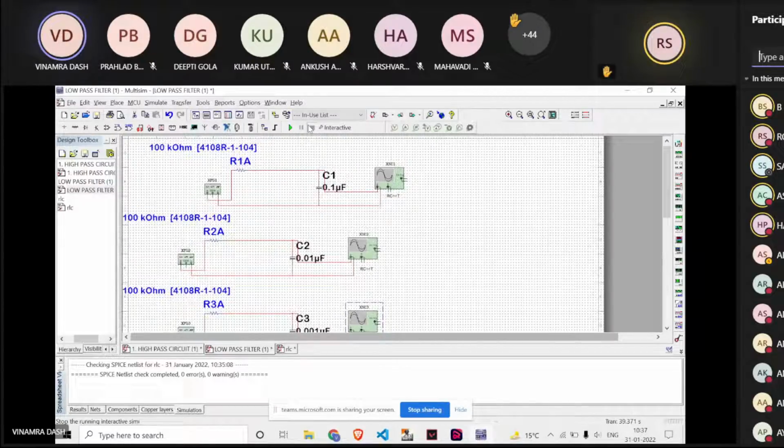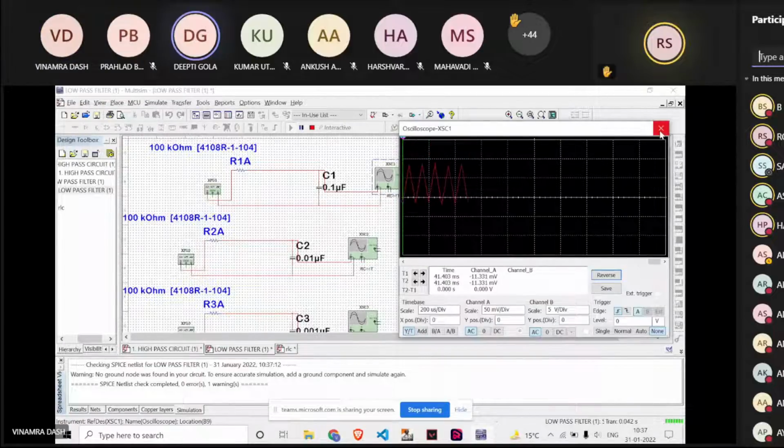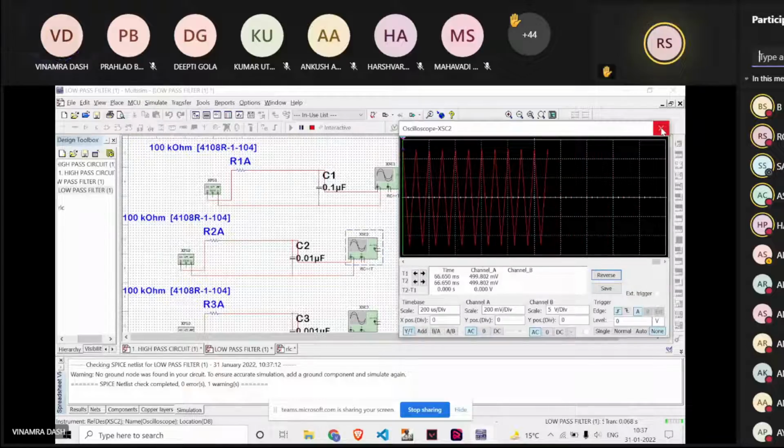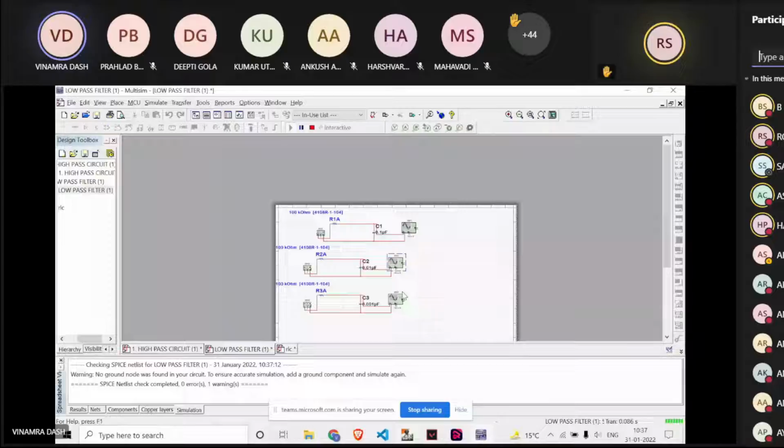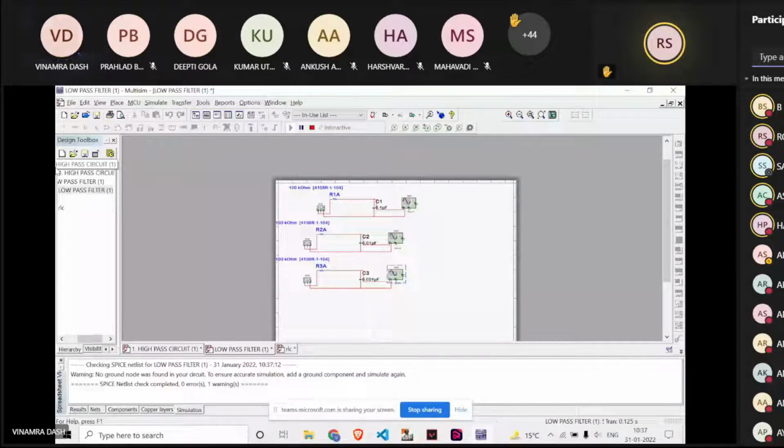So this is for RC much larger than T. This is for RC equal to T. And this is for RC much less than T. And the second one is high pass circuit.